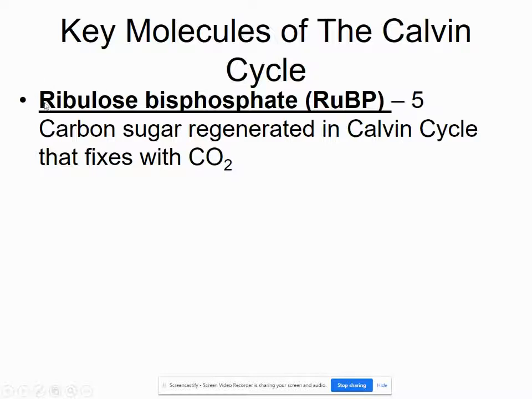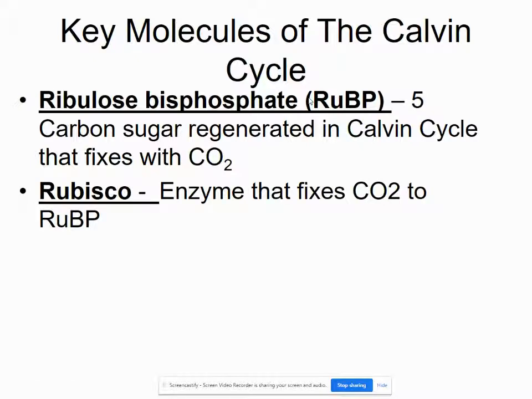This is a 5-carbon sugar, an -ose sugar, ribulose, 5-carbon sugar, very similar to ribose, which you find in DNA. So just a type of sugar that only has 5 carbons instead of 6. But RuBP, definitely need to know that that is the 5-carbon sugar used to regenerate the Calvin cycle.